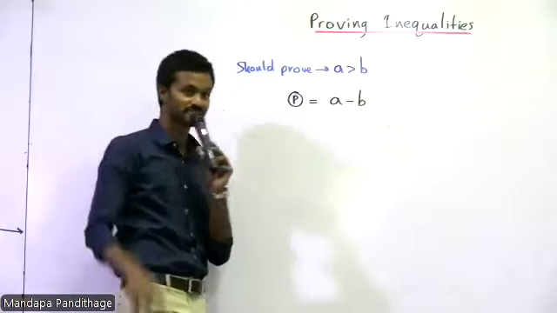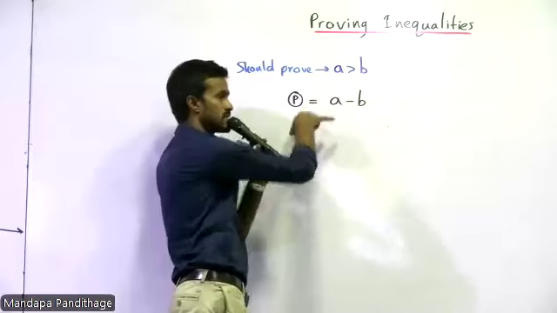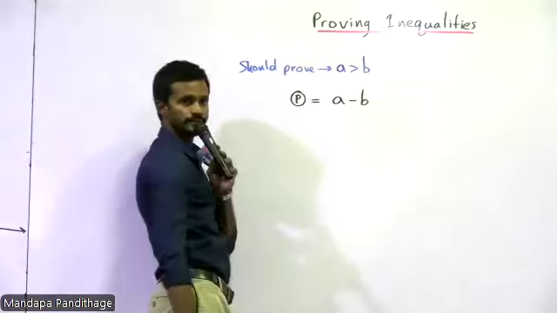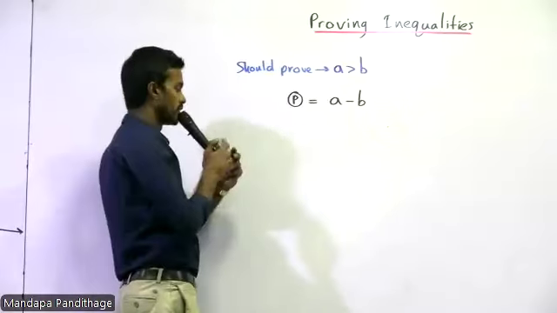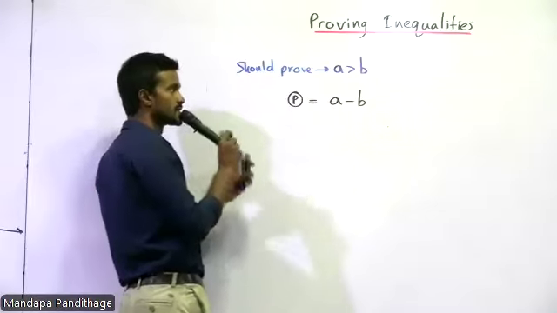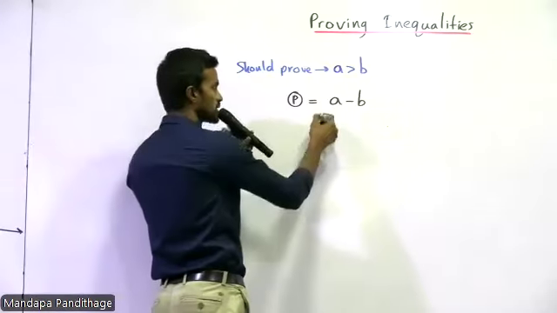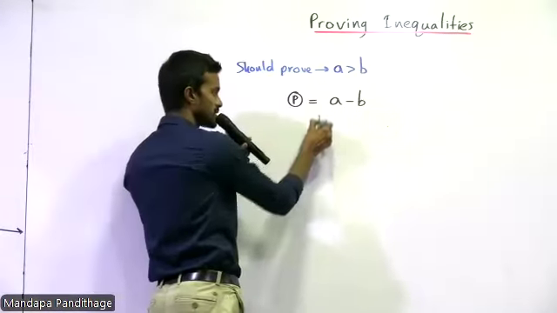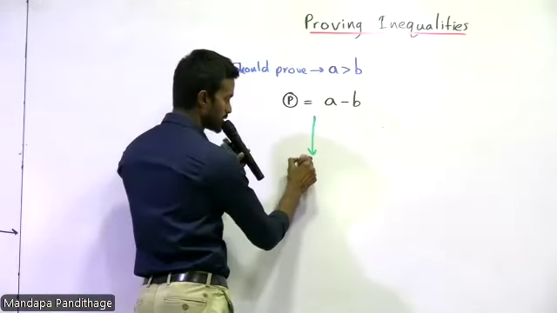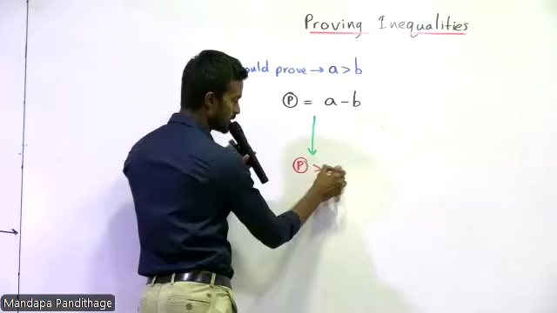Okay, listen, come back to the lesson. So when we have a minus b, I told you we have to write this expression. Now listen. We have to write an expression such that a minus b, and then you have to simplify this expression up to a place that you can properly say, okay, this p is greater than 0.